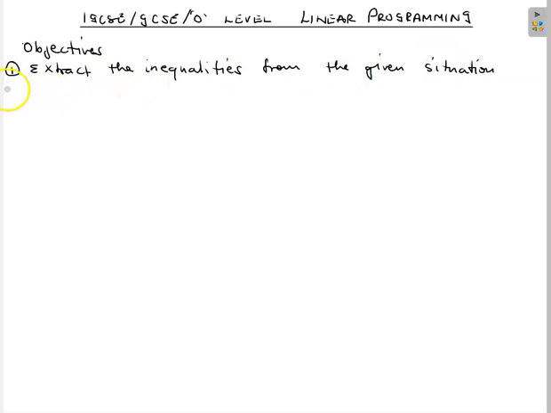Right, two, you should be able to draw an LP graph, linear programming graph, and outline the feasible region.